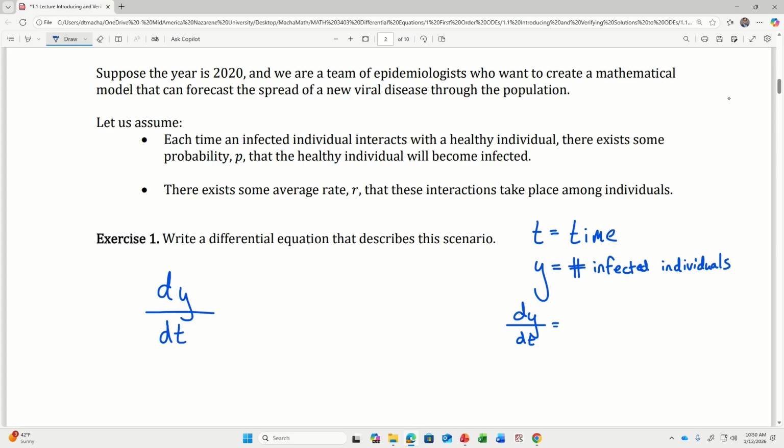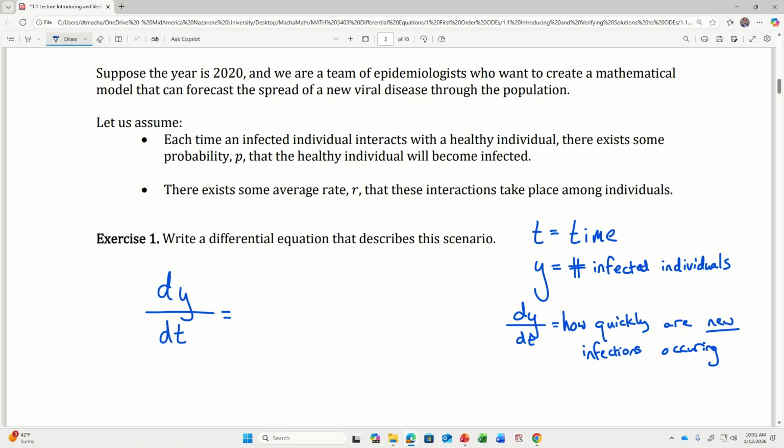So how quickly are people becoming infected? And so we wanted to describe the rate at which people are becoming infected. How quickly are healthy people becoming infected?